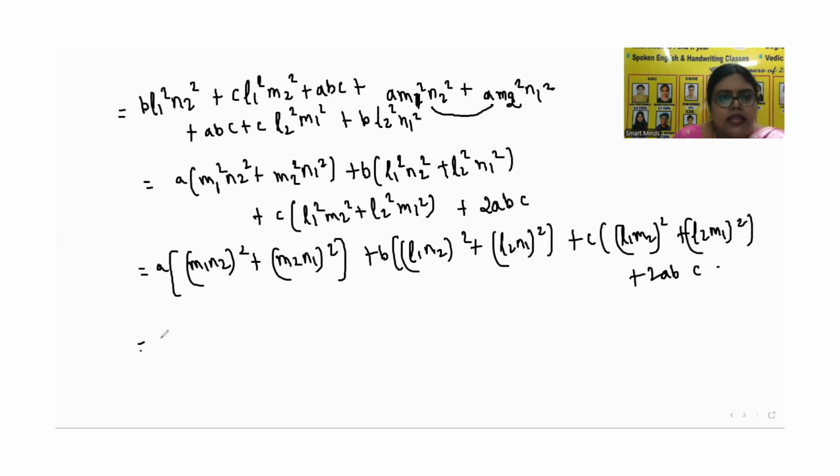So that is A into, now again it is in the form A square plus B square. We can write it as A plus B whole square minus 2AB.